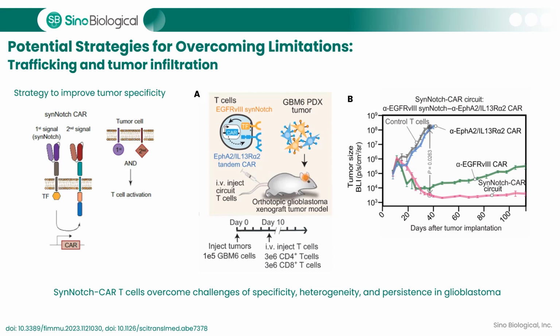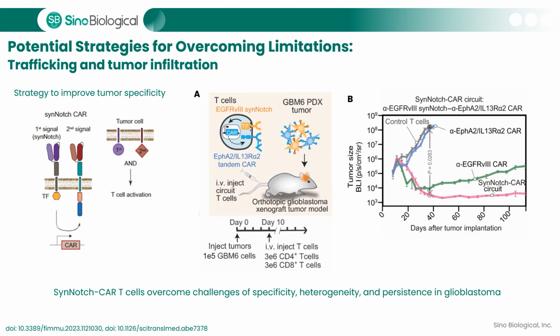As controls, they treated the mice with the non-transduced T cells, or T cells constitutively expressing either EGFR-V3 CARs or tandem CAR. Treatment with the constitutive IL-13 alpha-2 tandem CAR was largely ineffective.